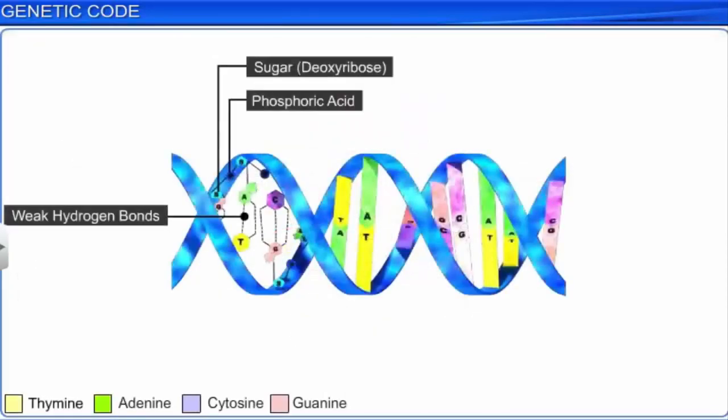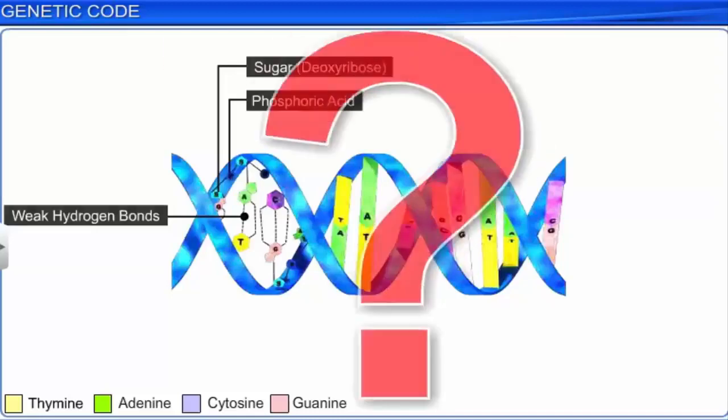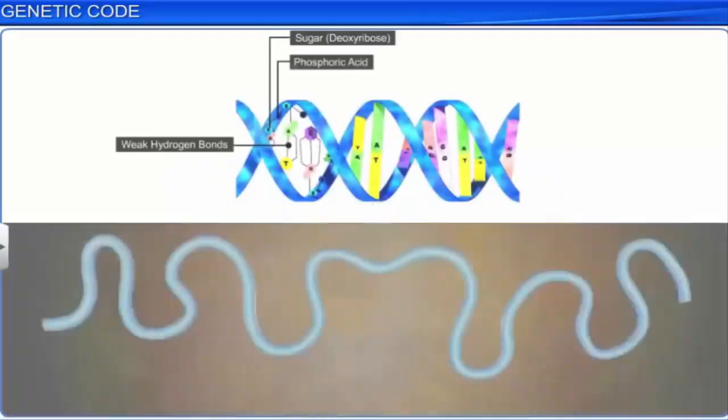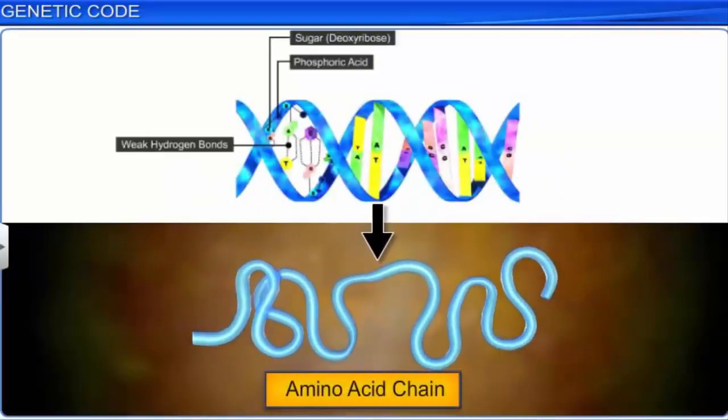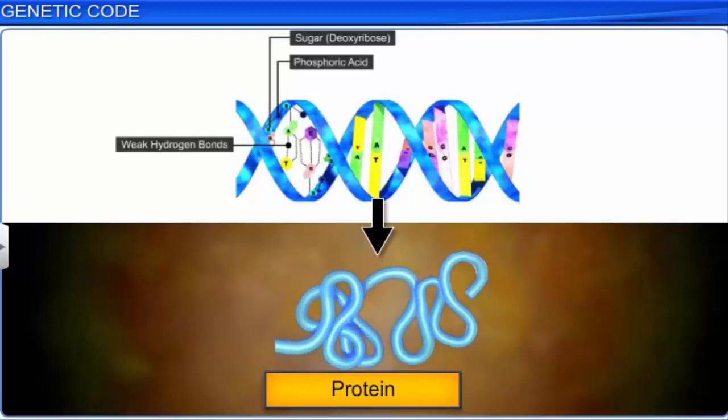After the DNA structure was revealed, these scientists got busy finding an answer to the next question: how the nucleotides get converted into amino acids that synthesize proteins, the building blocks of life.